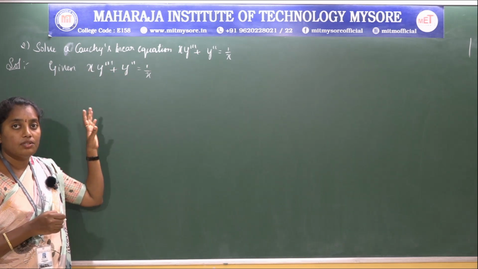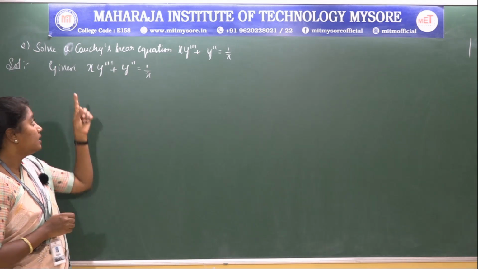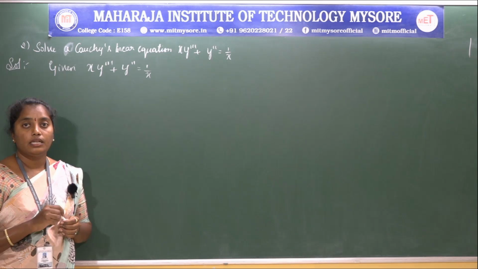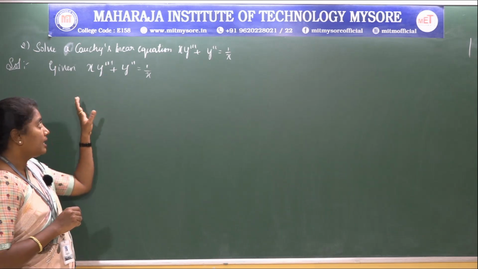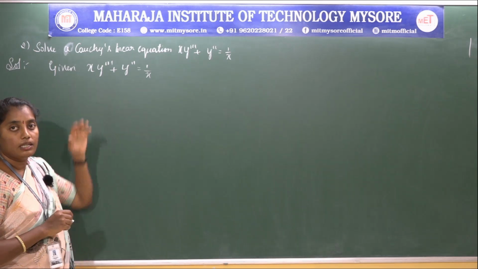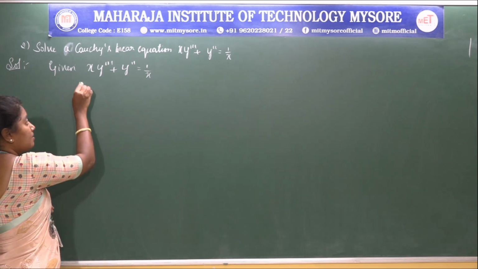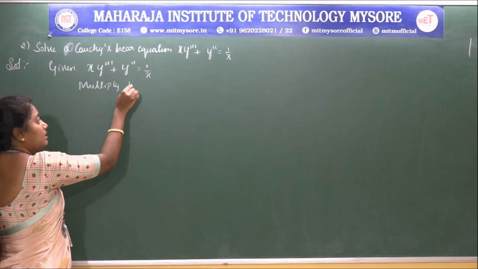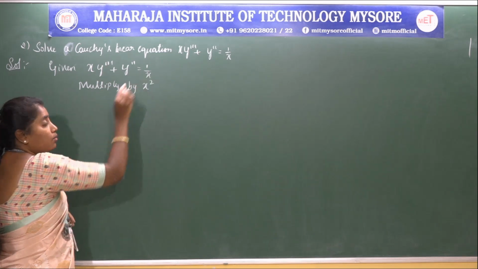To write this equation in the standard Cauchy's form, the degree of the variable element must be the same as the order of the derivative. So to get that degree, multiply the complete equation by x square.